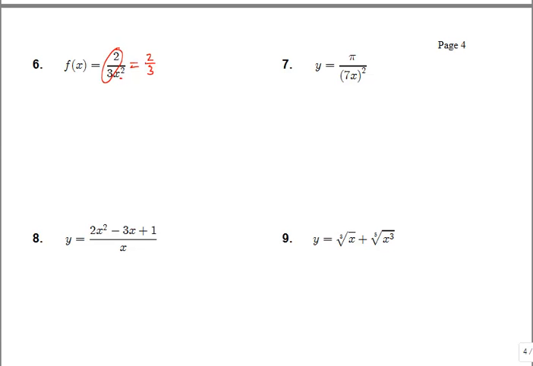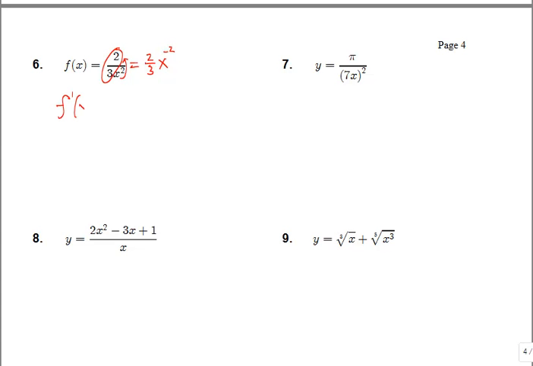What I want to do is I want that x to be on the top raised to some power. And we can do that because if you flip it up to the top, it becomes a negative exponent. So 2 over 3x squared is exactly the same thing as 2/3 x to the negative 2. But when I put it in this new form, now it becomes a constant multiplier times a power rule. And we have both of those rules available to us.